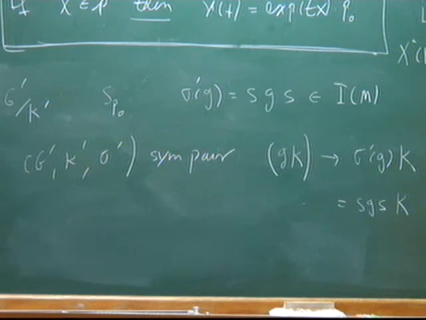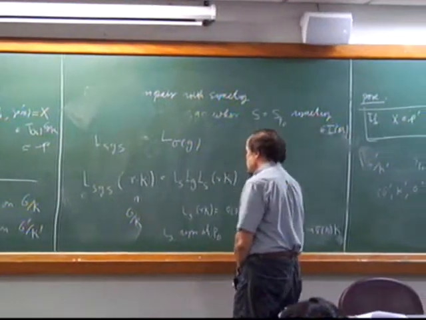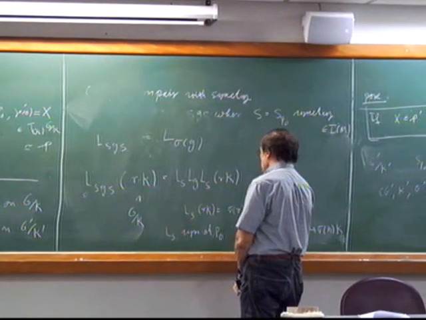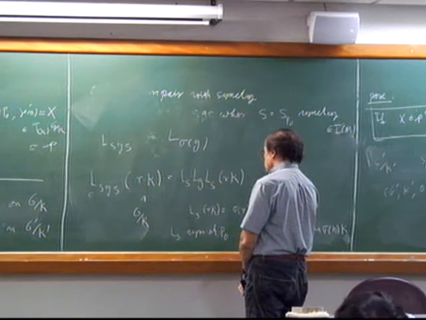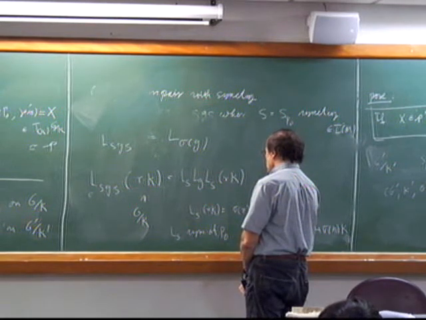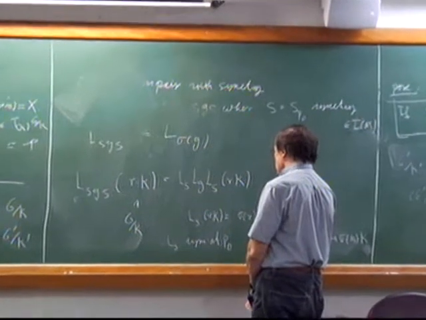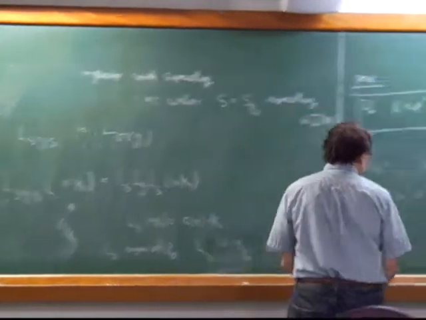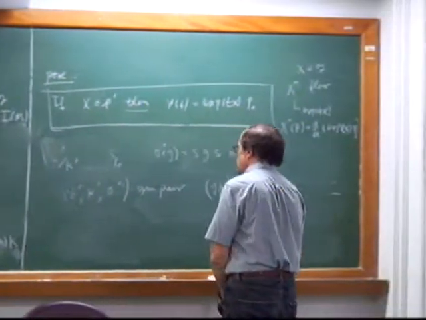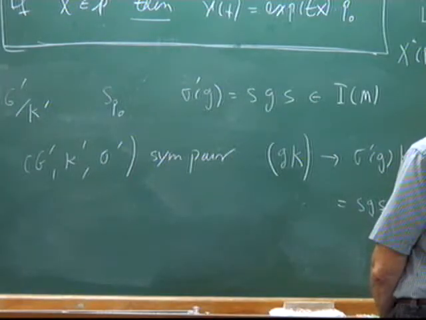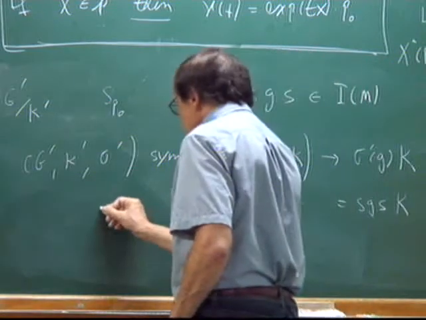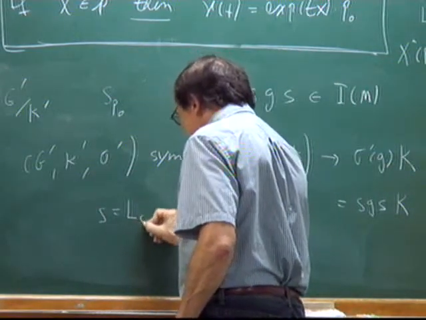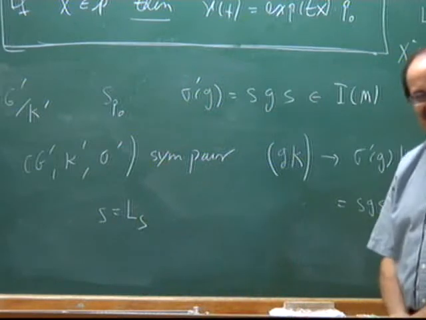Where are we? We're trying to show this, right? So I apply it to a coset. Of course, I also got s as another identification. s is also left translation by s.